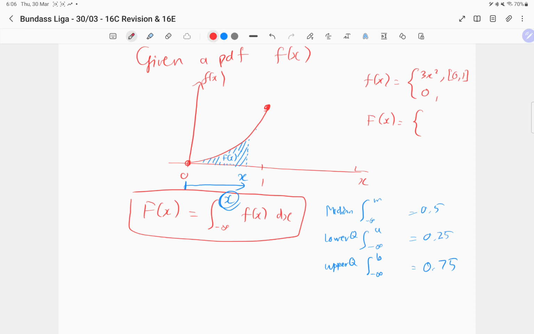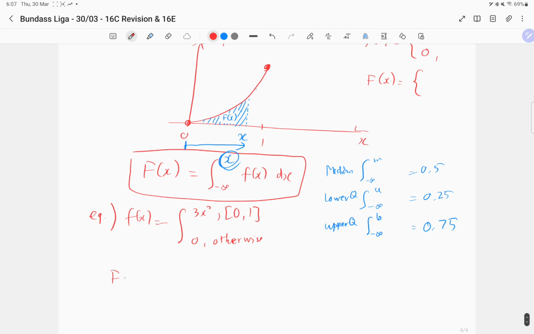Let's use the example of f(x) to find big F of x. f(x) is 0 otherwise, and it is 3x squared from 0 to 1 inclusive. Now, how do we find big F of x? Big F of x would be the antiderivative from 0 to a value x of this function here, dx, and that's it.